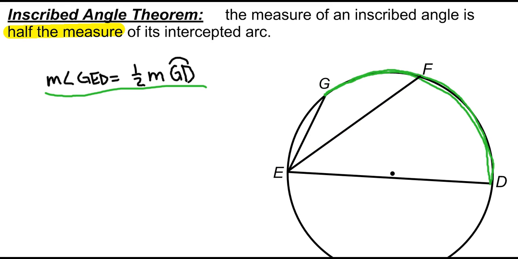Similarly, if I draw this other inscribed angle, then that same relationship exists: the measure of angle FED is equal to one-half the measure of arc FD.